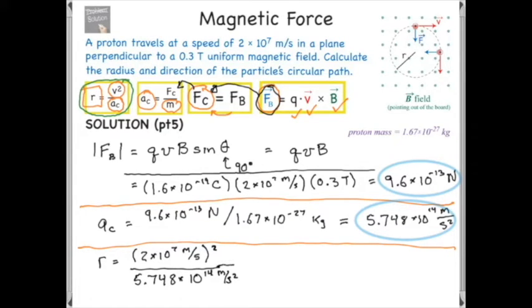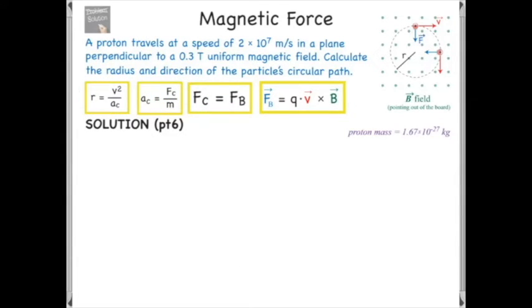And if we plug that all in to our calculator, we end up with a value of 0.696. Units all cancel except a meter up top. And so our final answer is that the radius of the circular path is 0.696 meters.